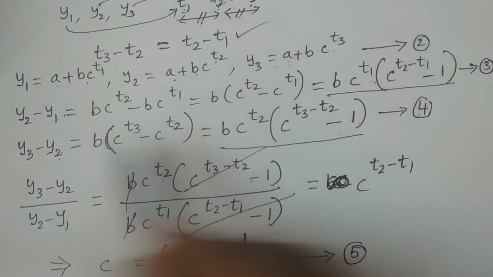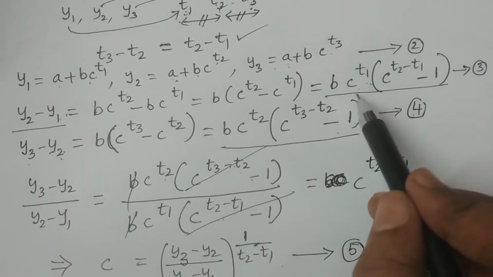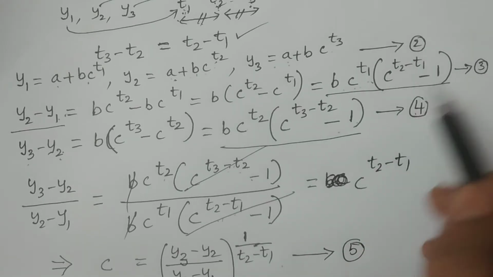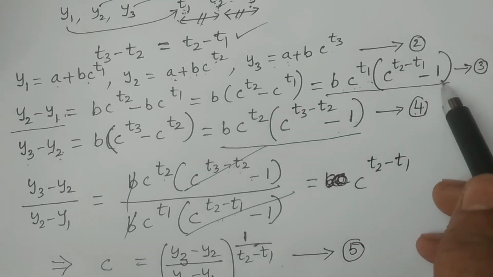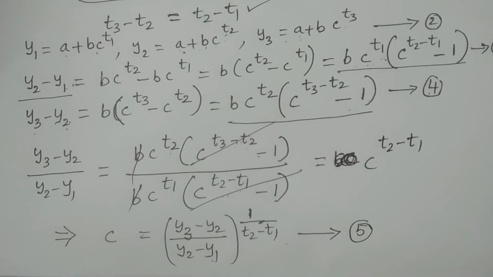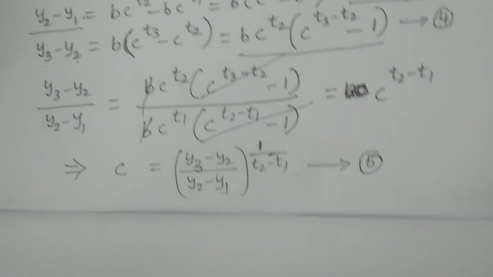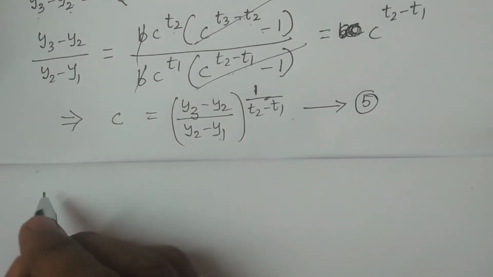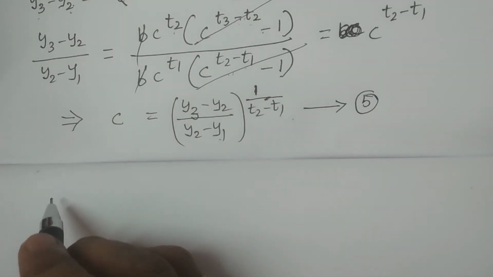What is 3? y2 minus y1 is equal to b into c power t1 into this value, c power t2 minus t1 minus 1. In this equation I am substituting the value of C. That's what I am writing here. Substitute the value of C in equation 3.